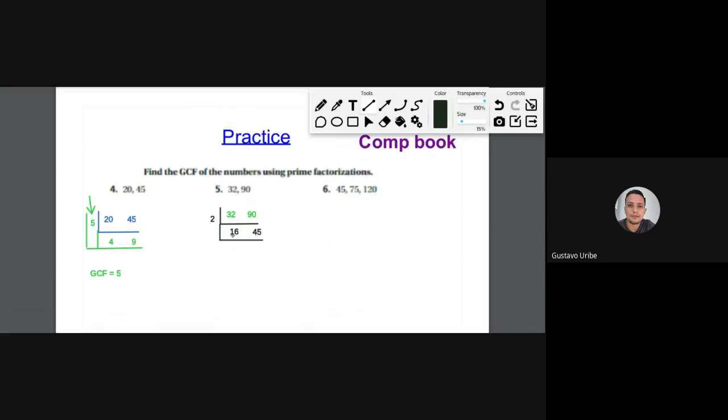So they're not even, so 2 doesn't go into them. 3, no. 4 goes into this, but not this over here. 5, no. 6, no. 7, 8, 9 goes into 45. 10, no. 11, and it looks like we don't find anything. All right, so these two are relatively prime to each other. So that means my GCF is just going to be the 2 over here. All right, this is my GCF.